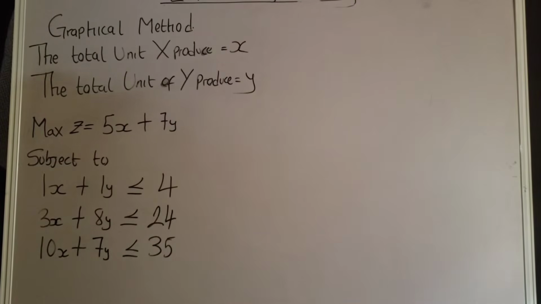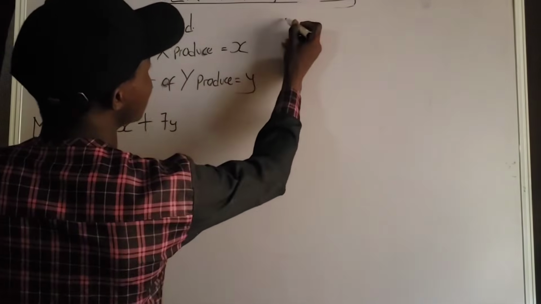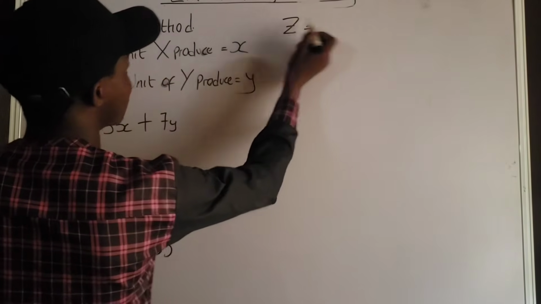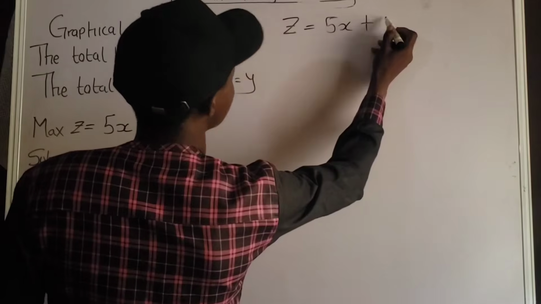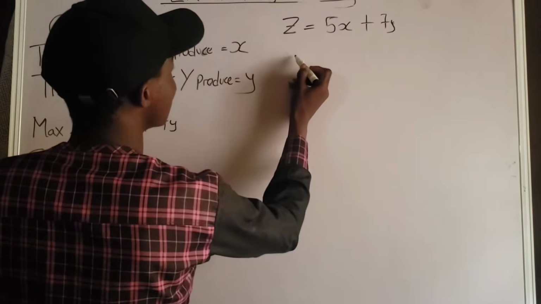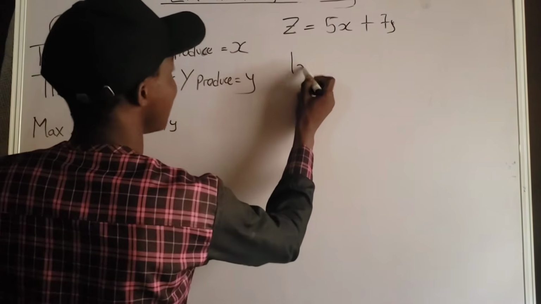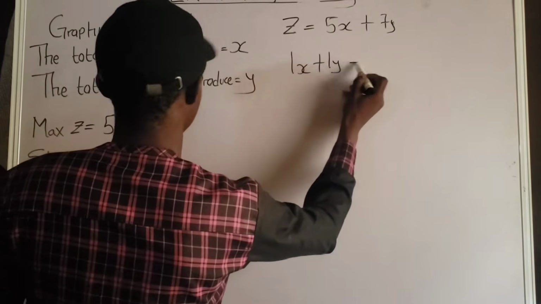Since I cannot draw inequalities on the graph, I have to make this objective function and the constraint an equation. So the objective function becomes z is equals to 5x plus 7y, and the constraint becomes 1x plus 1y is equals to 4.